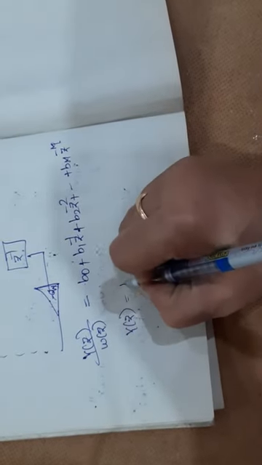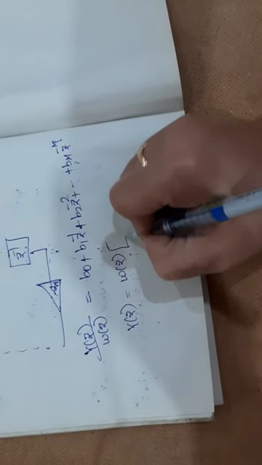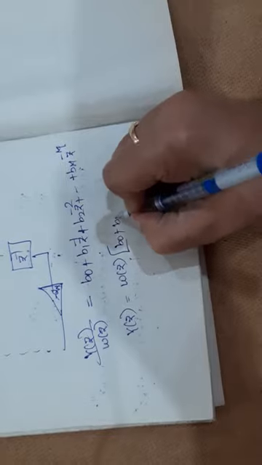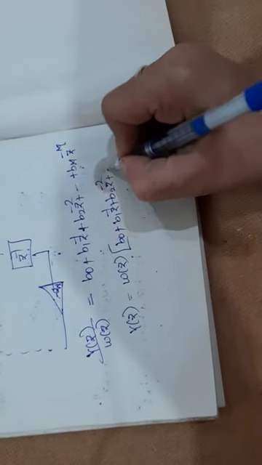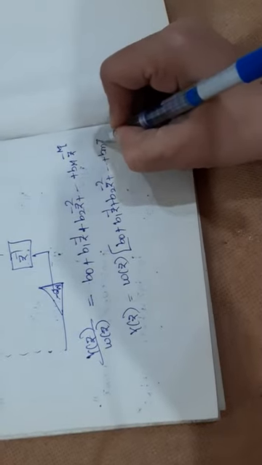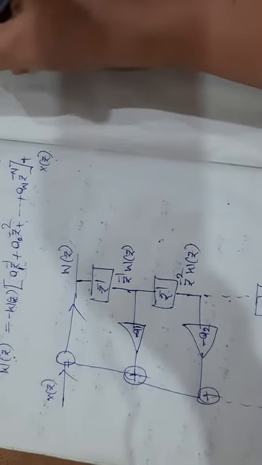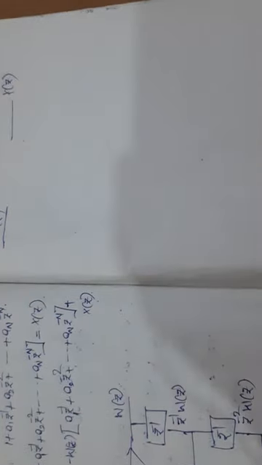Y(z) is equal to W(z) into (b0 + b1 + b2 + ... + bm). So realize this equation. W(z) output is Y(z), right?